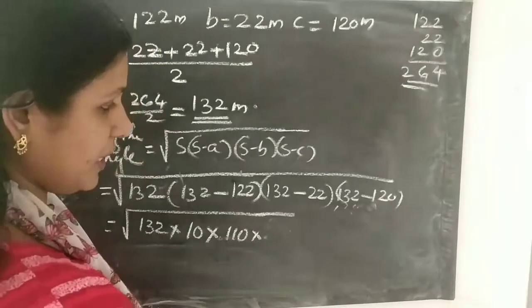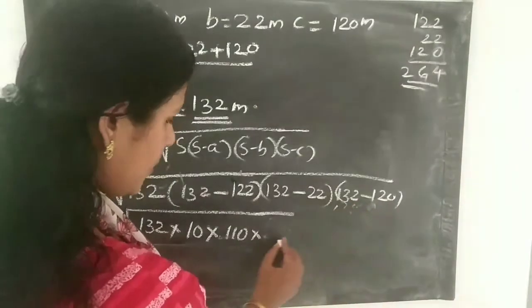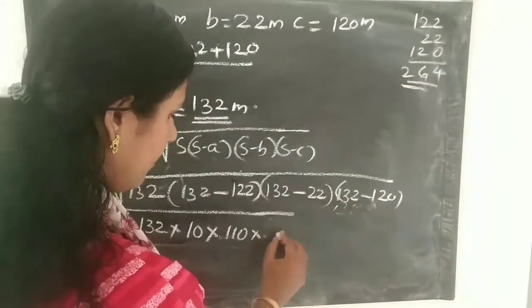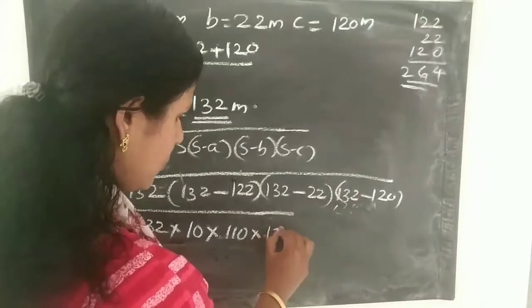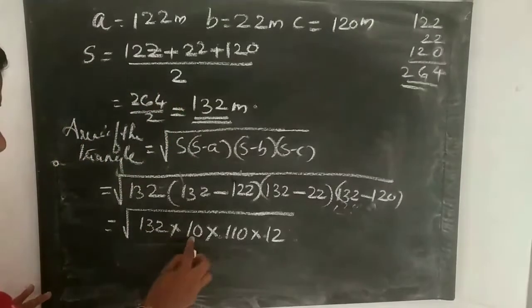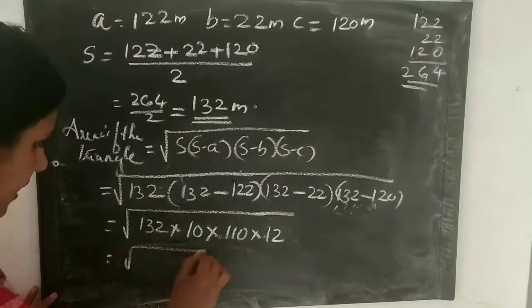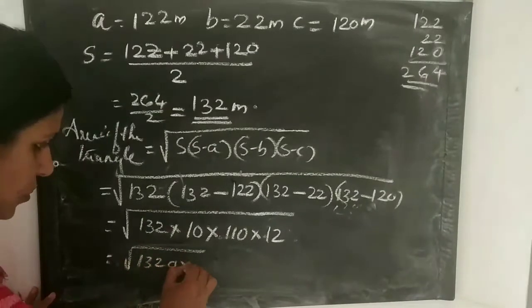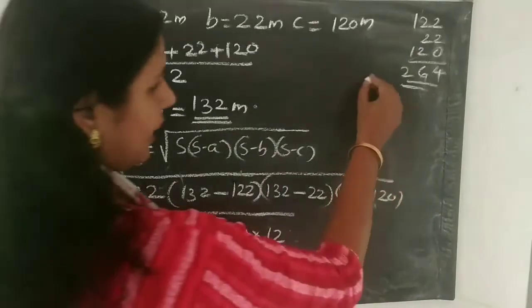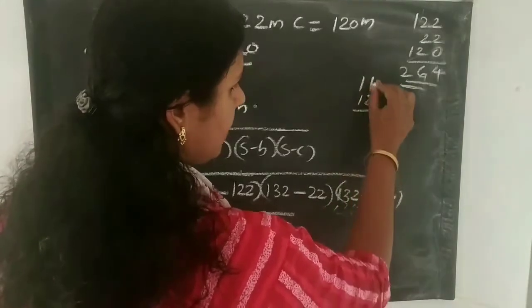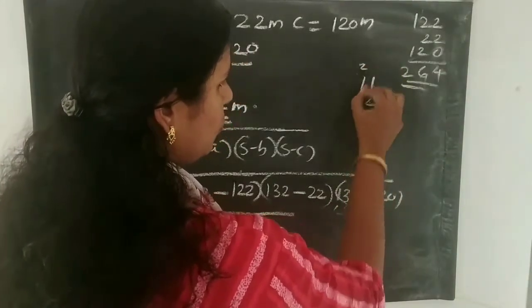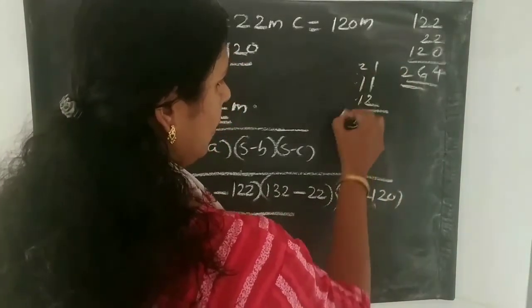And 132 minus 120 is 12. So 132 into 10 gives 1320, into 11 into 12.